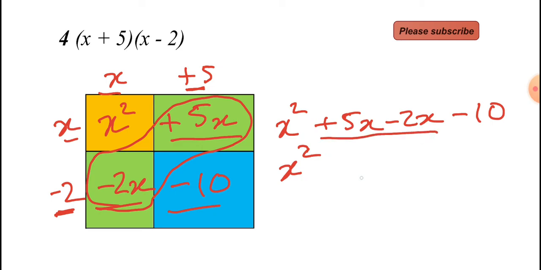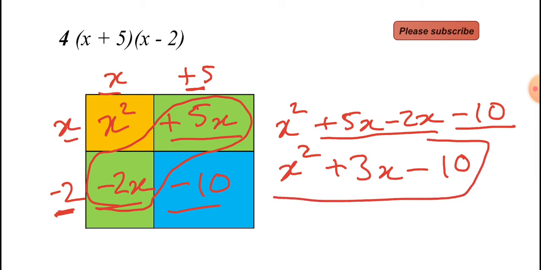Then plus 5x minus 2x is just positive 3x, so 5 lots of x take away 2 lots of x is just 3x, so it's plus 3x, and then minus 10, I just copy it down because there's no collecting like terms there. So the final answer is x squared plus 3x minus 10.